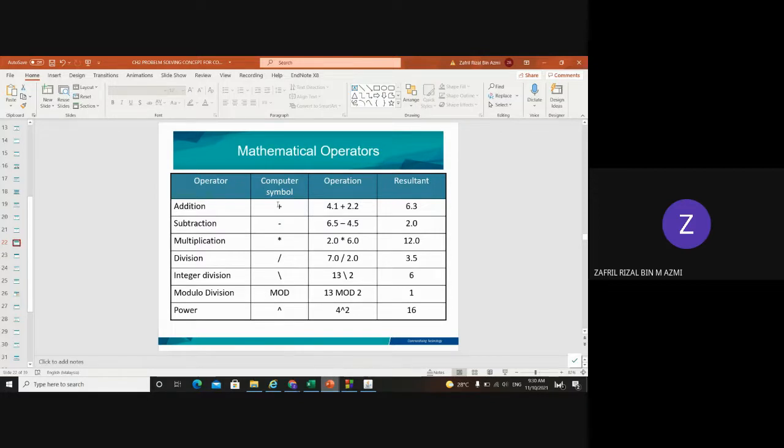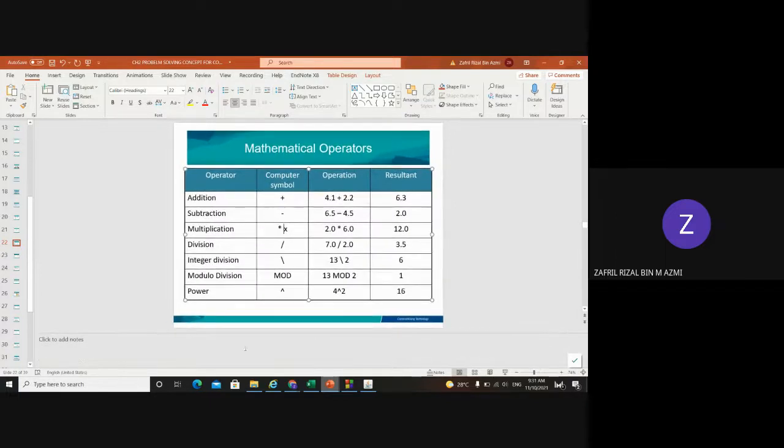This is the symbol that we use if you want to do addition. This is normal addition. If you want to sum any value, we use this symbol, the same symbol that we use in our manual calculation. Subtraction is also the same as we used during our study. But for multiplication, you cannot use this symbol if you write a program.